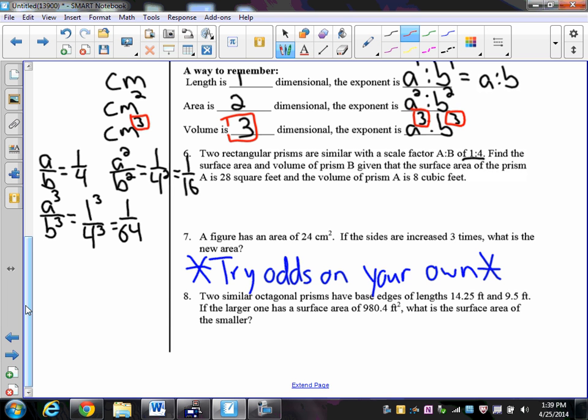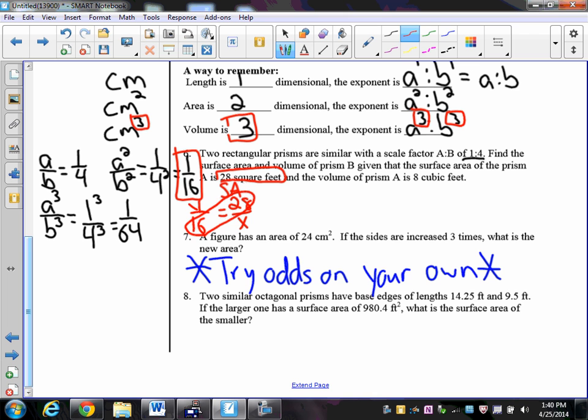So to find the surface area, I'll do that in red, I have to use this number here, 1 over 16. Because remember, surface area is square to square. Equals, I have to use this one here, 28 over x.